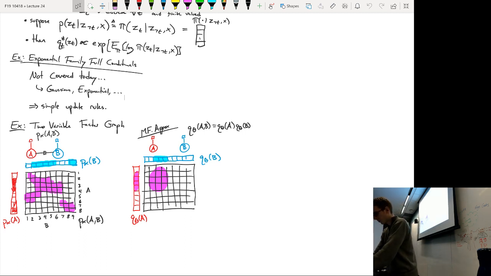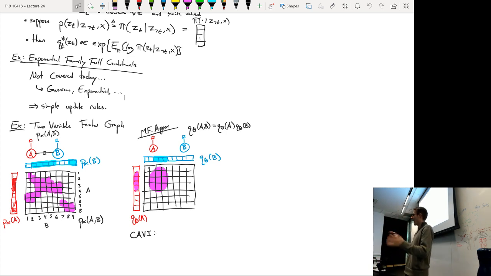Lastly, the interesting bit about this is that the CAVI algorithm here is just going to go back and forth between updating Q theta of A and then Q theta of B, Q theta of A, Q theta of B, right?